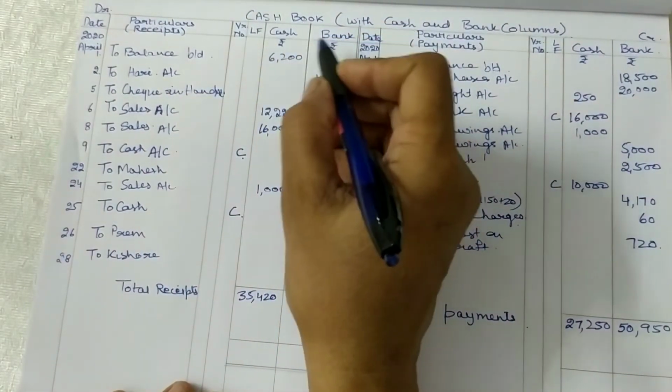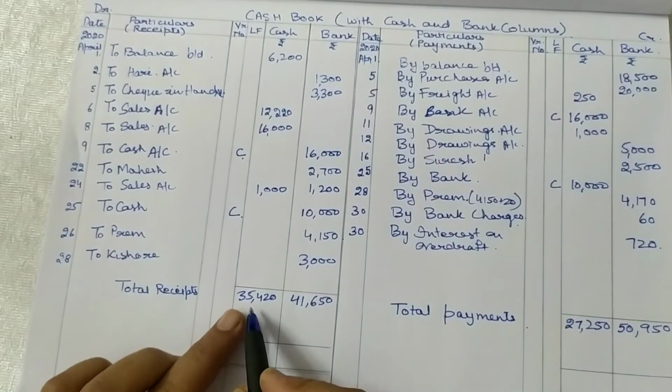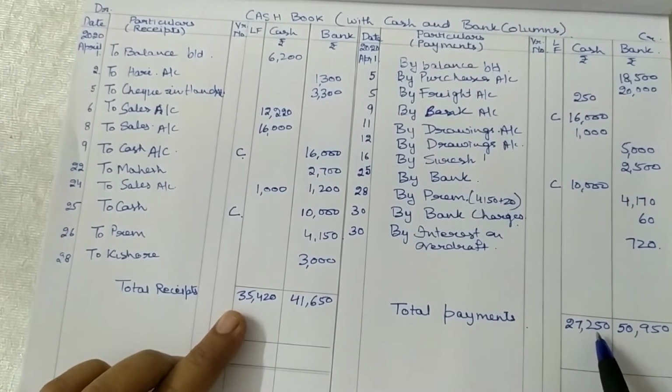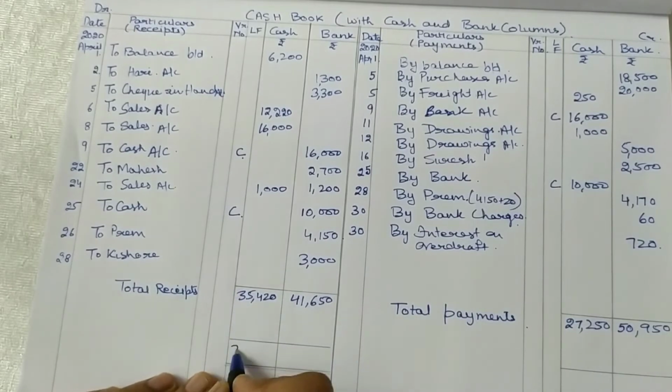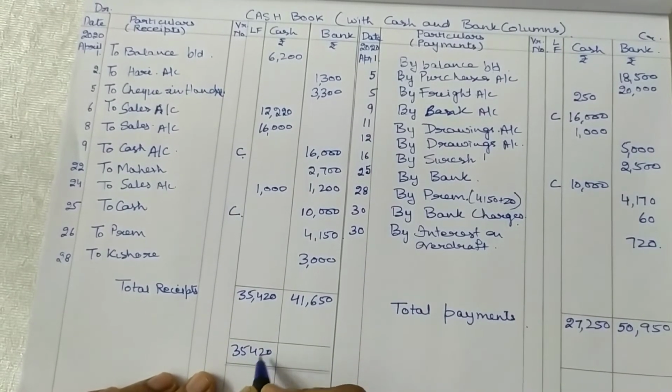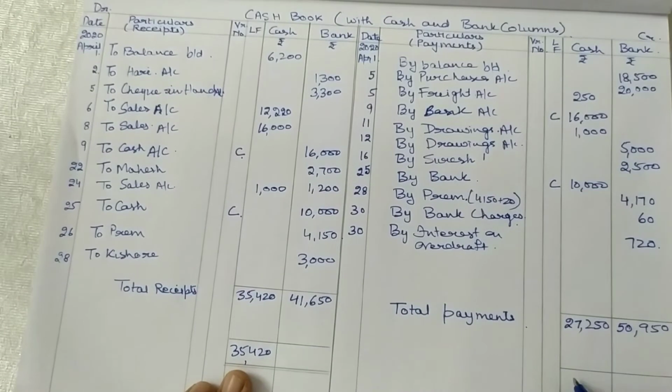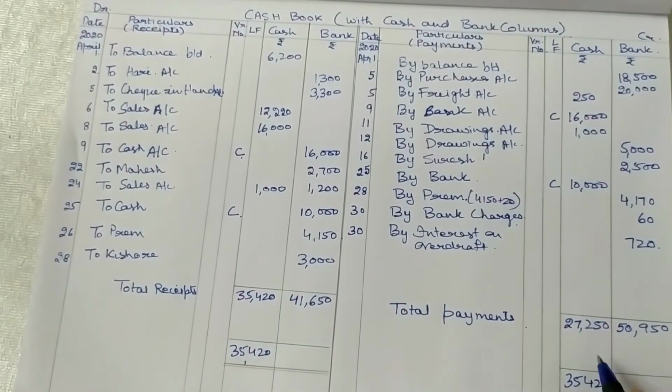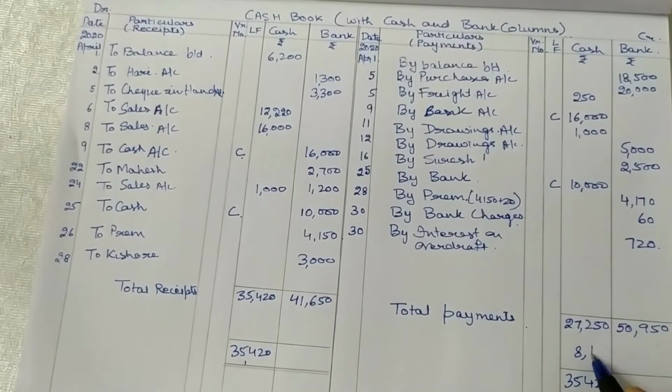On this side of the cash book, the cash column is always more than the other side because cash can't be negative. So you have to write 35,420 here and 35,420 here. So balance, this minus this, is equal to 8,170.